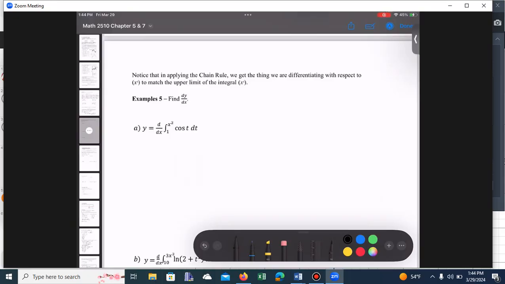So we want to do d/dx of the integral from 1 to x squared of cosine t dt. We'll let u equal x squared, so du equals 2x. And so this will become d/du of the integral from 1 to u of cosine t dt times du/dx. I don't think I changed that on the last one, but it's fine.